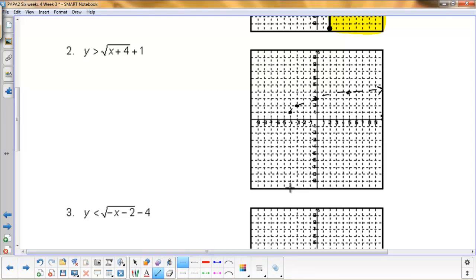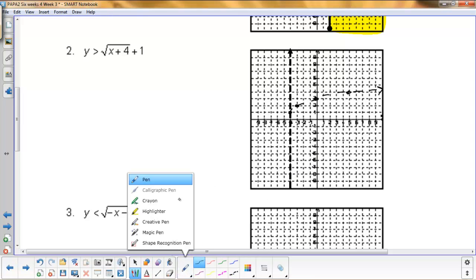Remember, because the function is undefined beyond the point -4, we will not have that be part of our solution set, which is why we are drawing this boundary line here.